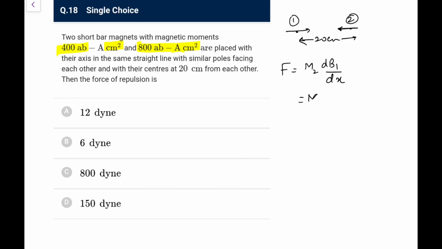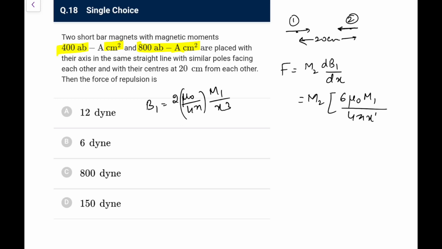B1 at any distance x on the axial position is 2 mu naught upon 4 pi, m1 upon x cube. If I differentiate it with respect to x, it will come out as 6 mu naught m1 upon 4 pi x to the power 4. That is what you will have.